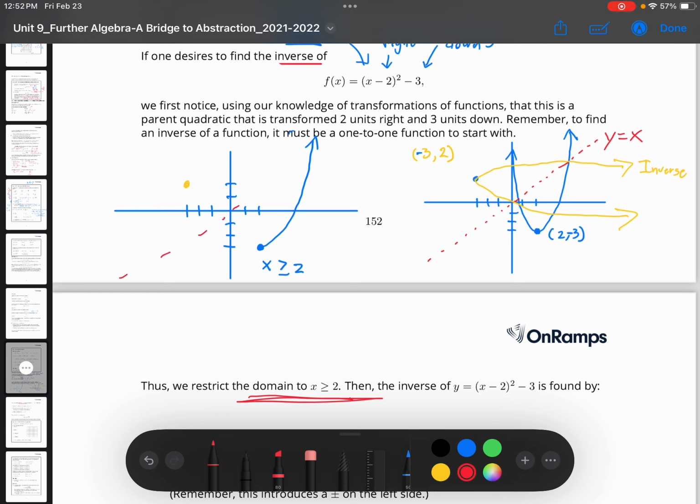It has to be a reflection over this line. Then my inverse now is a function. So sometimes that's called restricting the domain, and that's what they're talking about here. Restricting the domain just allows the inverse relation to actually be a function.